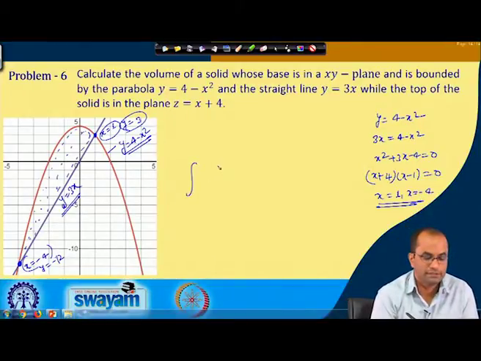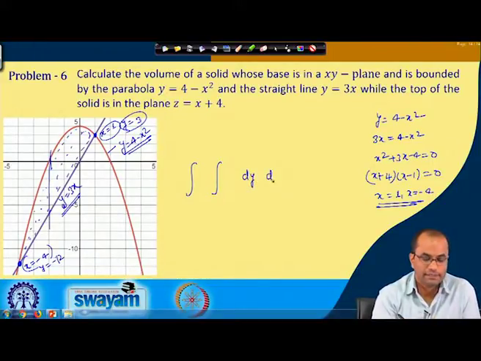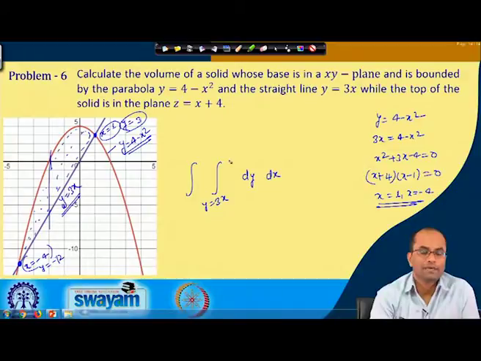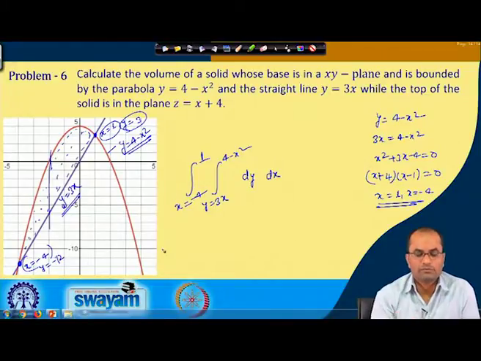We have to write the integrals, and again the question is whether we integrate first in the direction of x or in the direction of y. Let us integrate first in the direction of y because that will be easier. In the direction of y it always enters through this line and exits through this parabola. So, y goes from 3x to the parabola y is equal to 4 minus x square, and the limits of x will be from minus 4 to 1, and then dx.